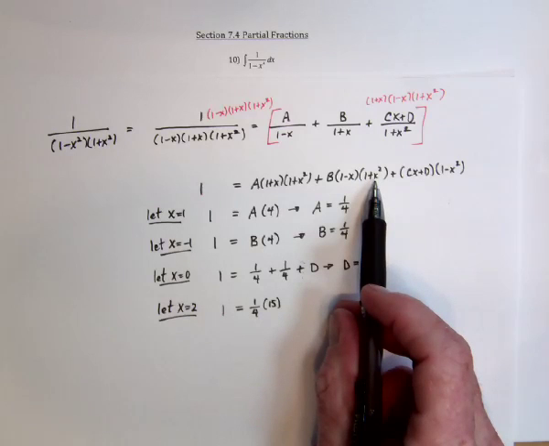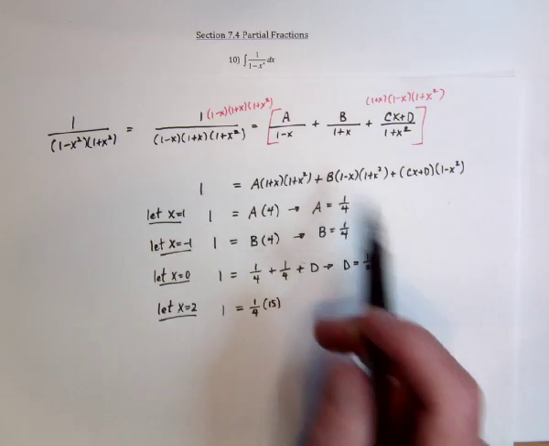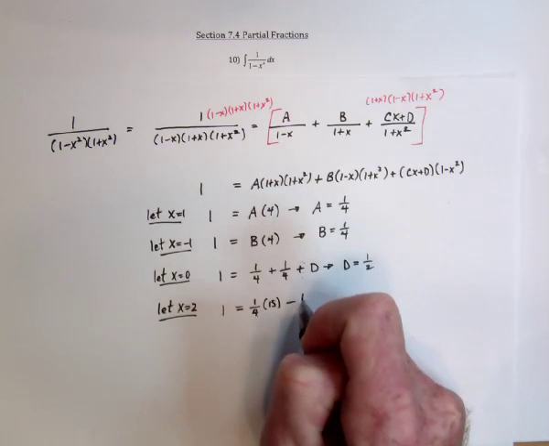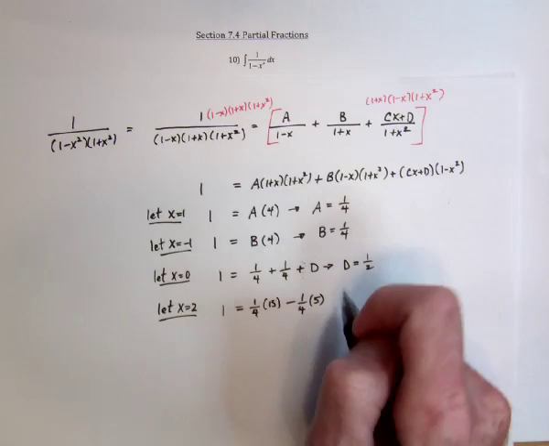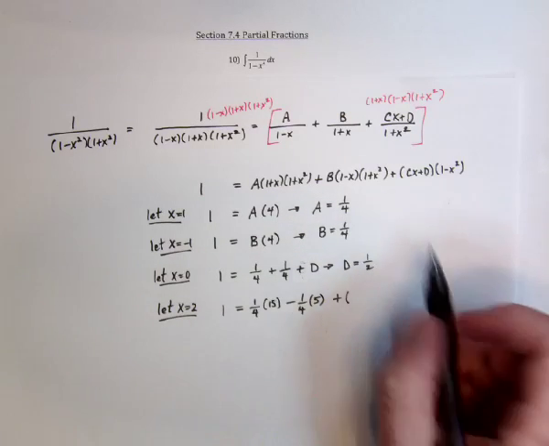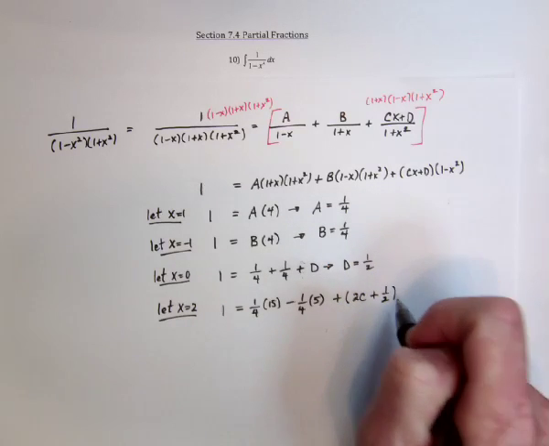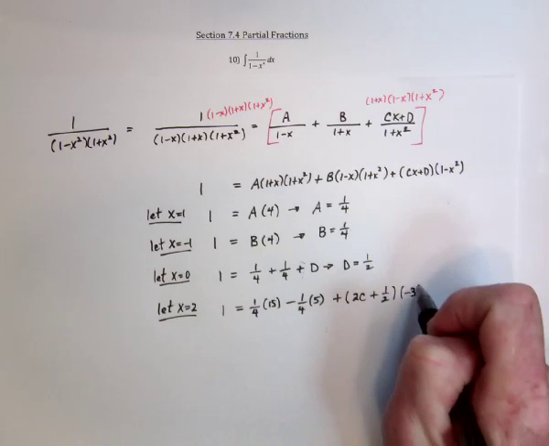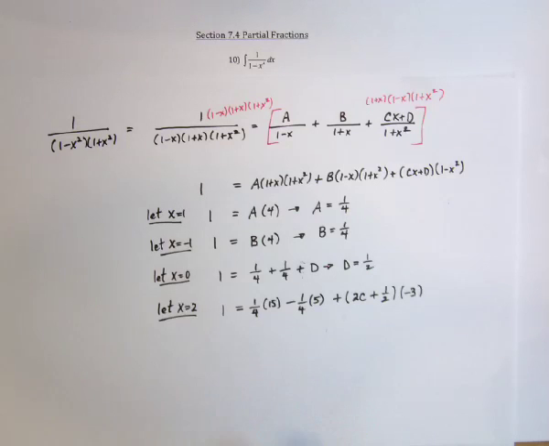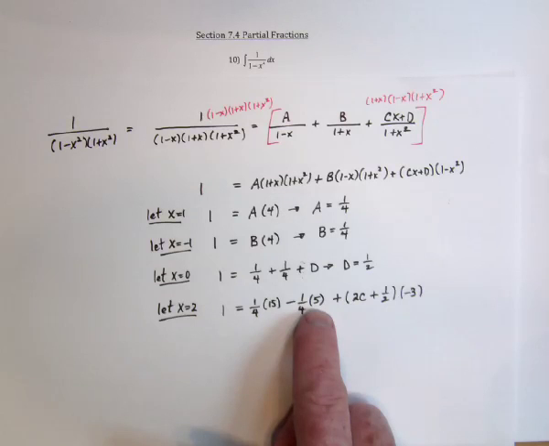This would be 4 plus 1, so 5, -5 times 1/4. And then plus c times 2 plus the d. And if you substitute 2 in here, it's going to be 1 minus 4, which is -3. So this is 15 quarters minus 5 quarters, which is 10 quarters.